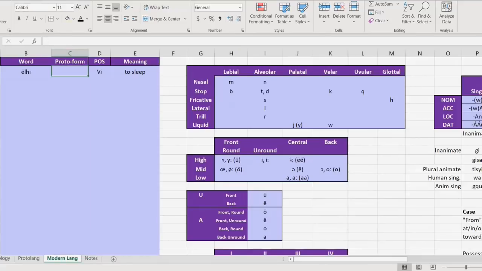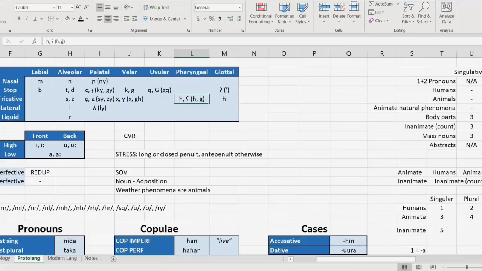So I would think the protoform for that would have to be al, but then that h, if it was an h in the proto-lang, then that would have just geminated the l, which is not what we want. So it would have to be one of these other stronger sounds that weakens to h later. But if it was one of these uvular or pharyngeals, then that would lower the following i. So it would have to be the voiceless velar fricative, I believe.